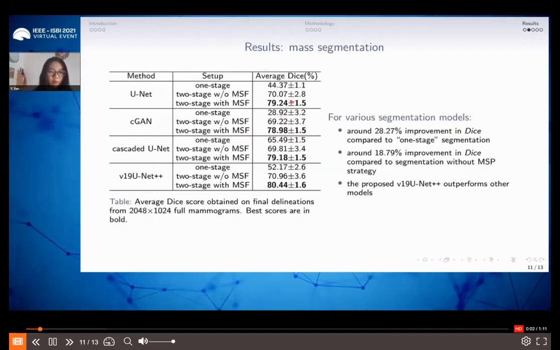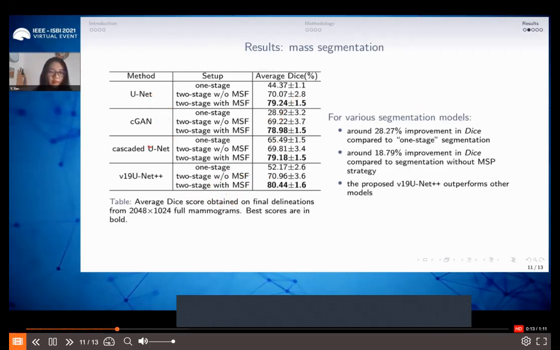For mass segmentation, we compare the proposed V19 UNet++ with the baseline UNet, as well as two other recently published architectures, the conditional GAN and the cascaded UNet.